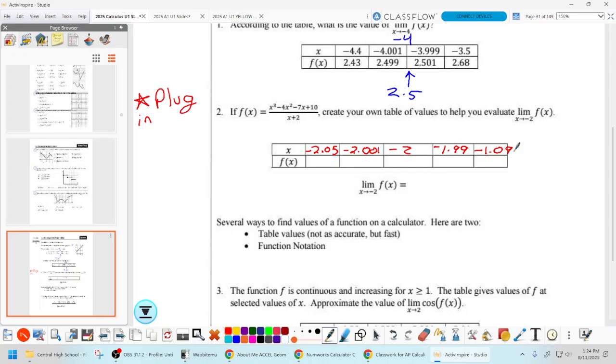Or pick x values that are what? Alright, I'm going to say it this way. Sufficiently close to x equals a. What is a in this case? -2, okay.